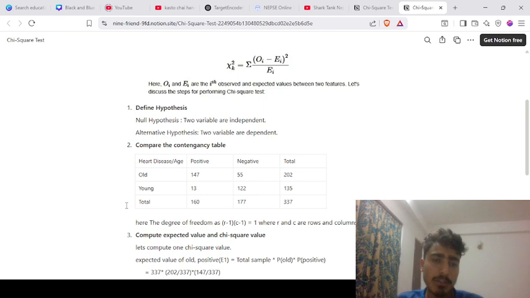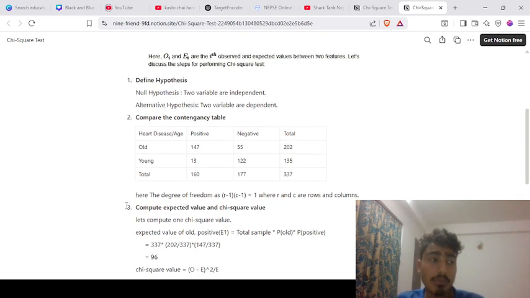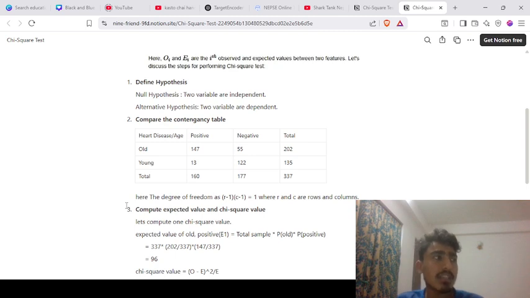I have tabulated all the data in this table, and the main thing we need to calculate the chi-square test is the degree of freedom.